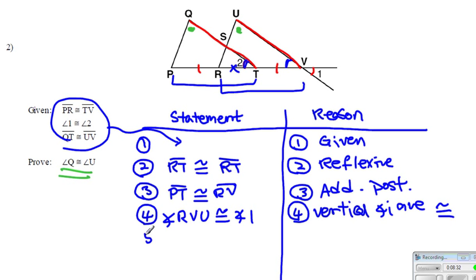All right, number 5. But as we realize, this angle RVU is congruent to angle 1, but angle 1 was congruent to angle number 2 from the given. So therefore, we realize angle RVU must be congruent to our angle number 2. Number 5.